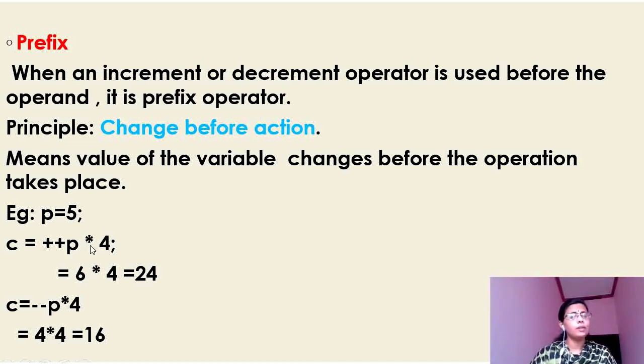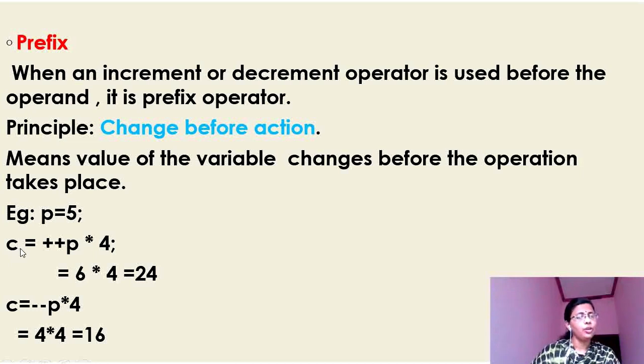For it to multiply with 4. So what happens to my P? Because it is plus plus P and since it is prefix, it becomes 6. And then it does the action. It multiplies by 4. So 6 into 4 is 24 and that is stored in C.